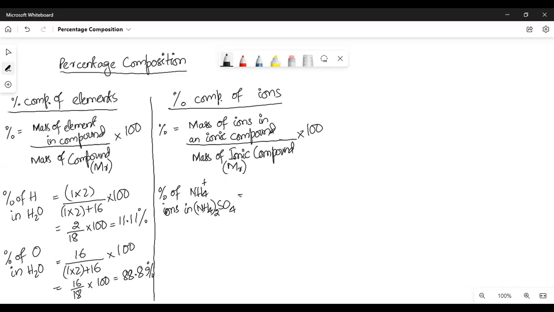So since NH4 is like 14 plus 1 into 4, and this whole stuff is multiplied by 2, which is 2 into 14 plus 1 into 4, over 2 into 14 plus 1 into 4 plus 32 plus 16 into 4, into 100.